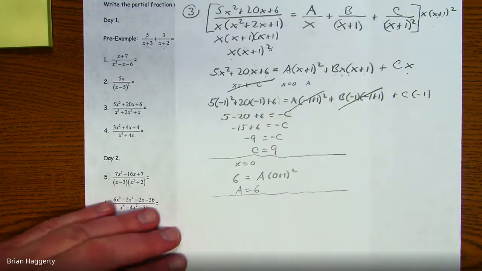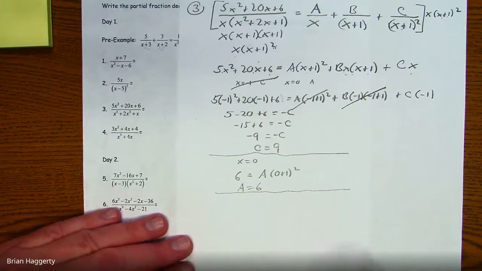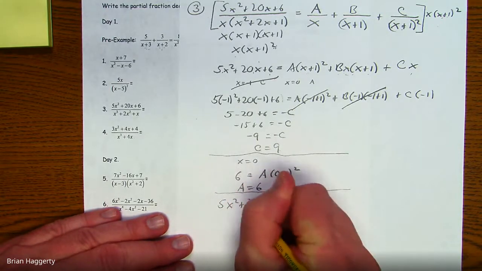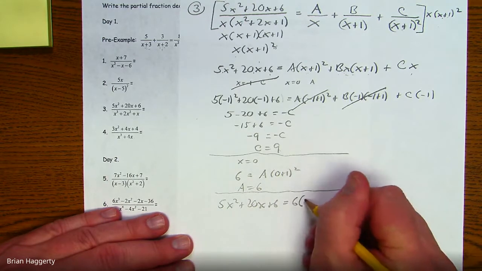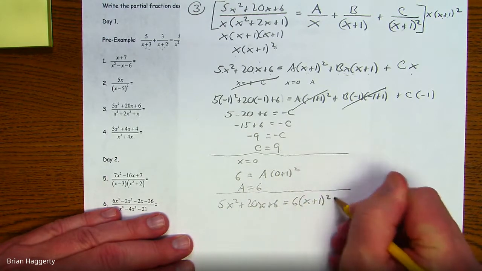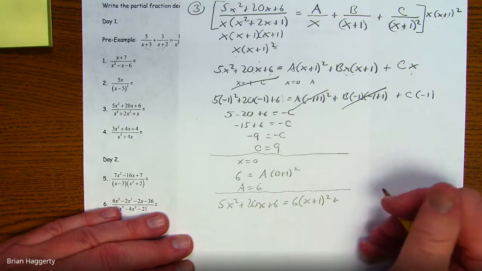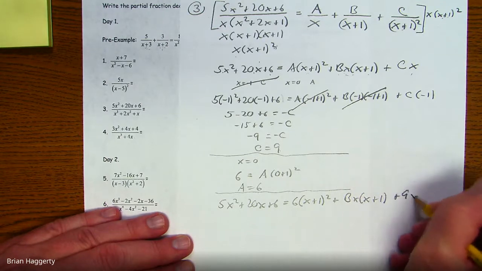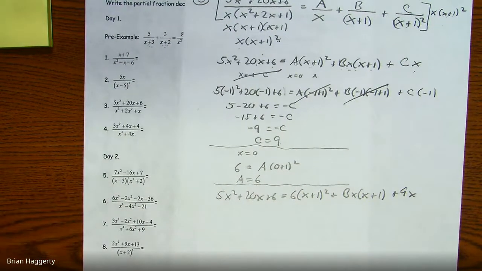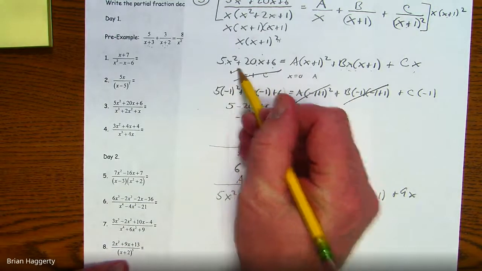Now, we already decided that by this method, we're going to have to plug in a and c in order to get b. So we have 5x squared plus 20x plus 6. We now know a is 6. b is what we're looking for next, right? So b times x times (x plus 1), plus 9x. We've already used x equal to negative 1.